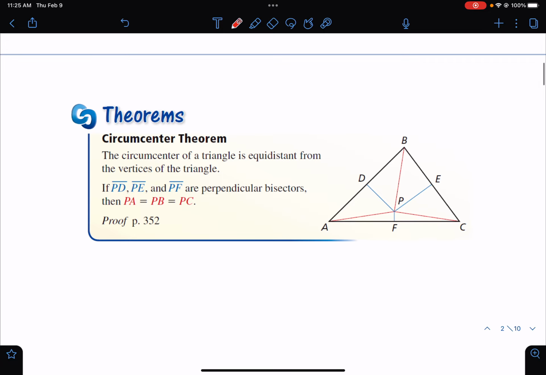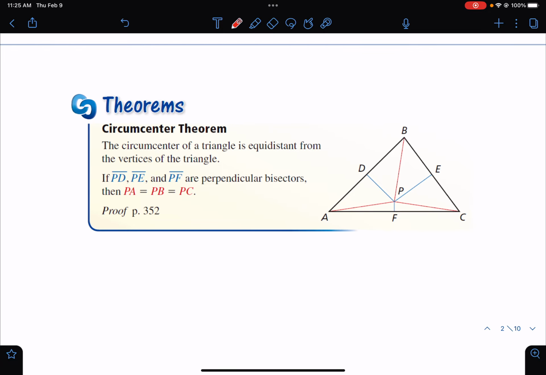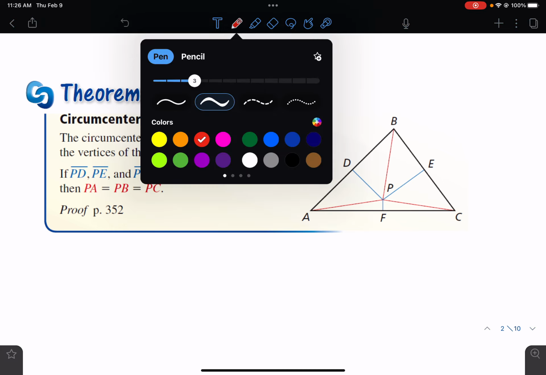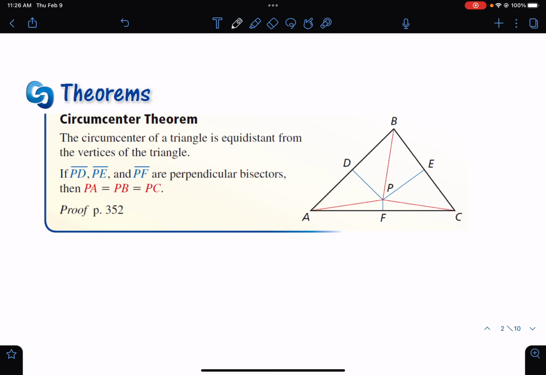So first thing that we're going to talk about: circumcenter. This is something you absolutely need to put in your notes, pretty much this entire diagram, so you can make sure to understand the math that's going on. The circumcenter, in this picture, is point P right here in the middle, and it is equidistant from the vertices of the triangle.